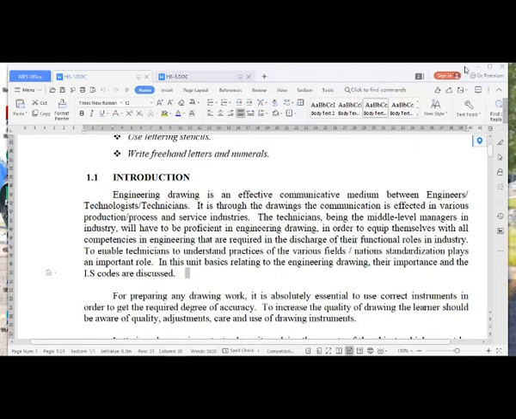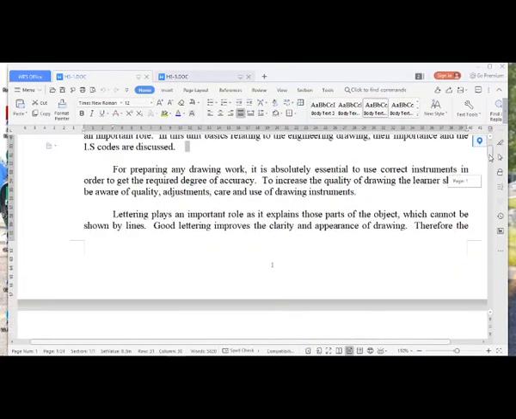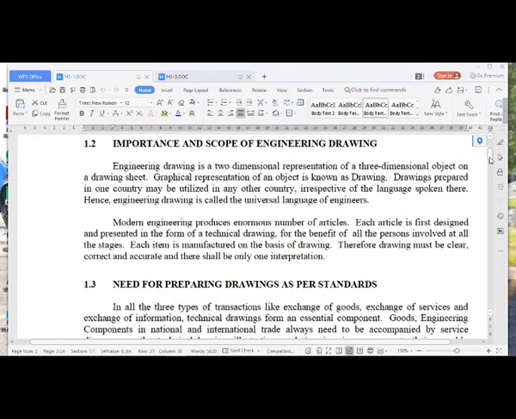Engineering drawing is important in day-to-day life, and it will improve the thinking abilities and imaginary powers of the student.